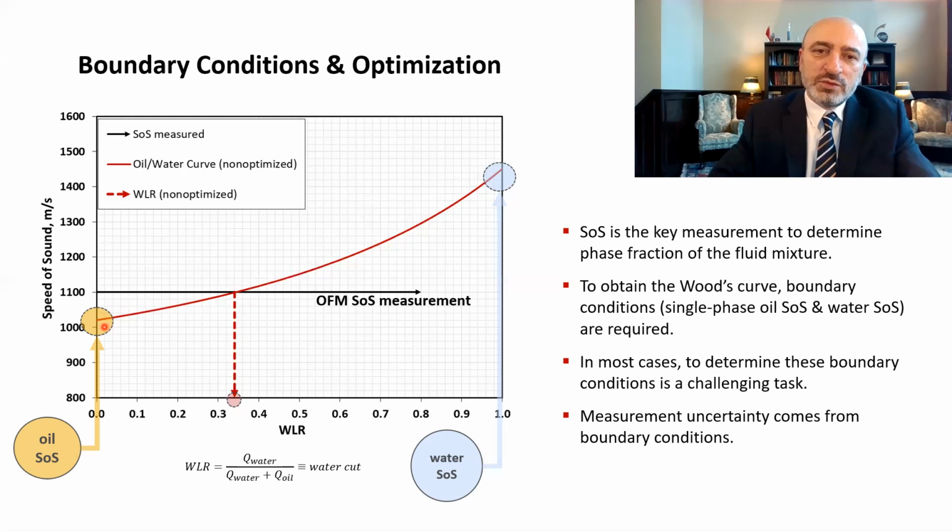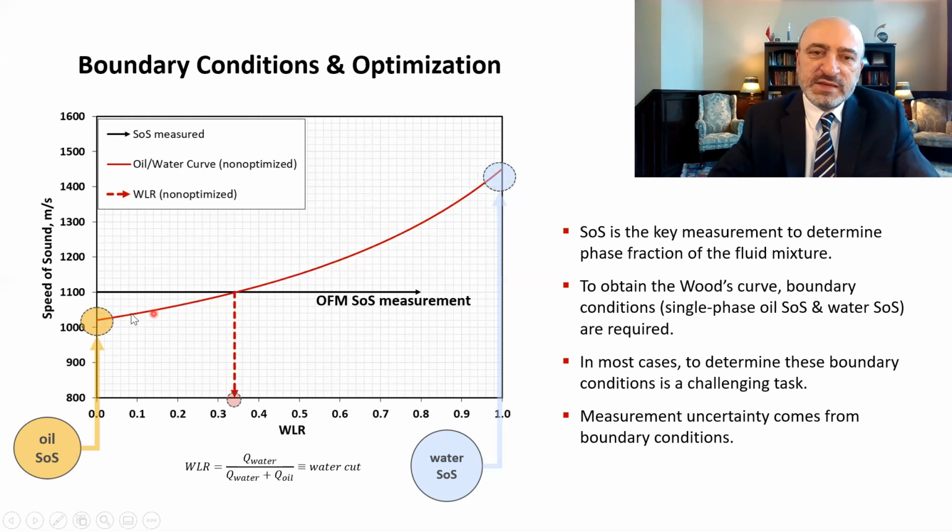So in its normal operation mode, the optical flow meter makes velocity measurement, speed of sound measurement, and it uses the best available boundary conditions, the initial boundary conditions, to predict the inline water cut first, and then it converts it to standard water cut.